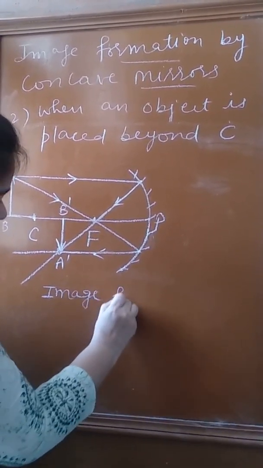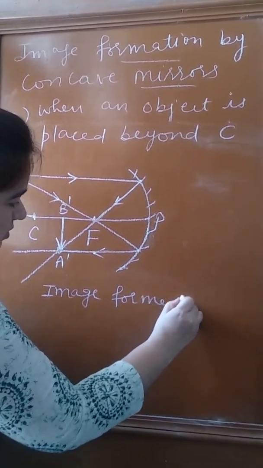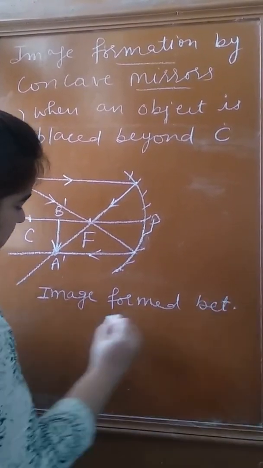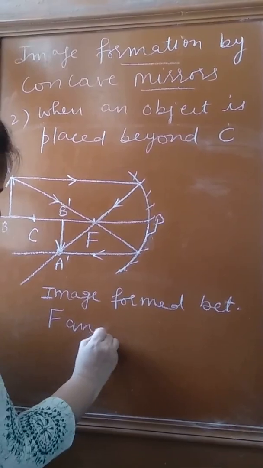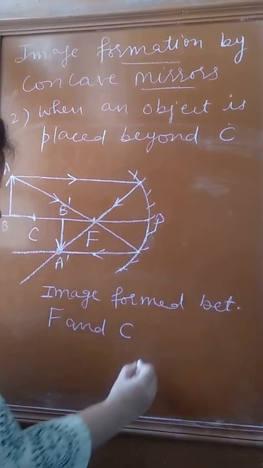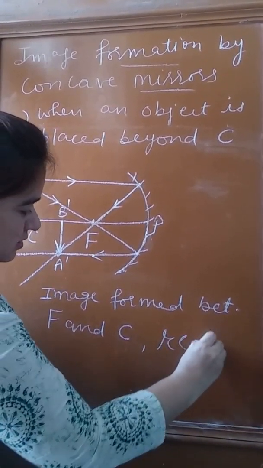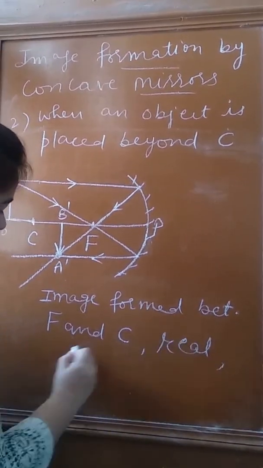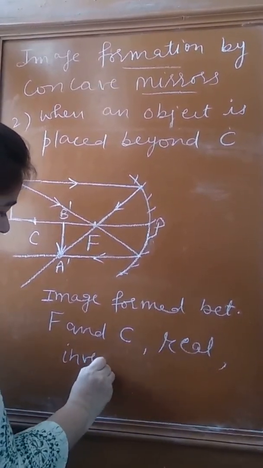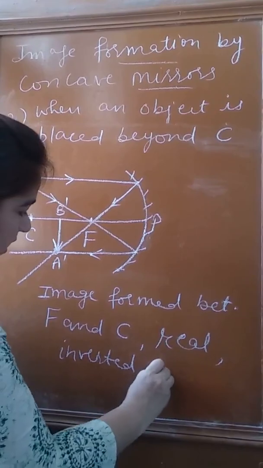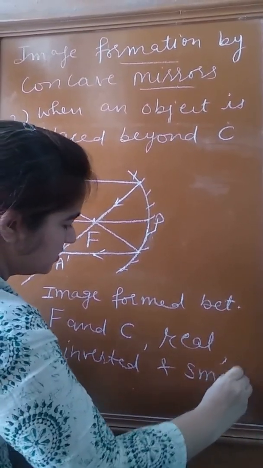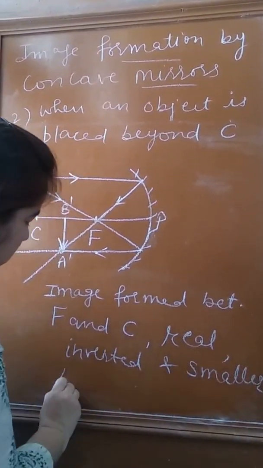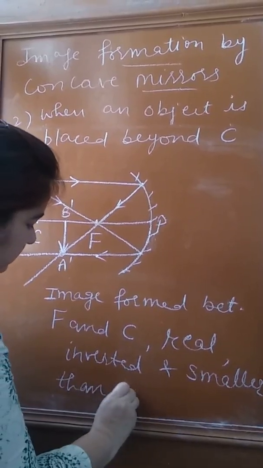Image formed between focus F and center of curvature C, real, inverted and smaller in size, smaller than the object.